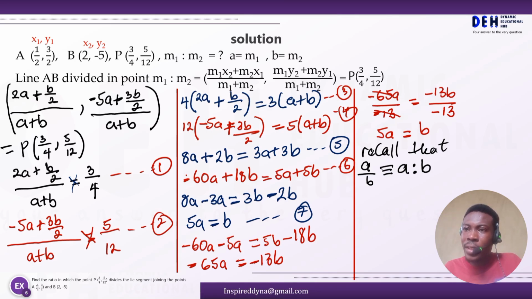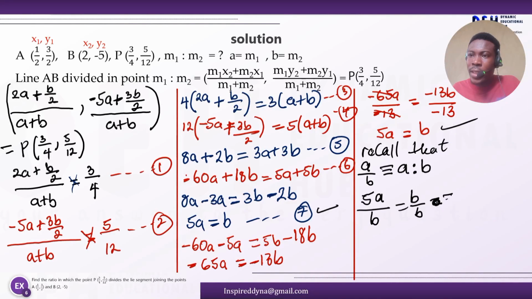You can either use this, divide it by b, or you use this, you divide it by b. So let's divide it. We are going to have 5a divided by b is equal to b divided by b. So when you look at this very well, you are going to have 5a over b should be equal to 1.